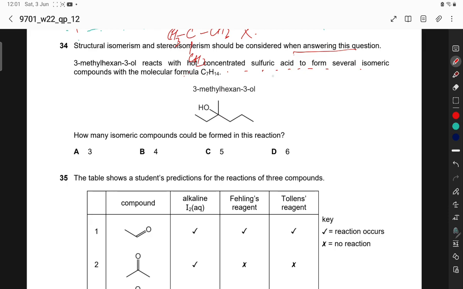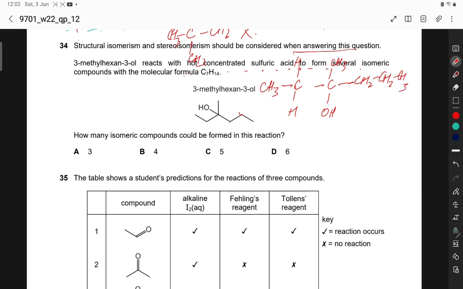So this is the compound CH3, CH2, OH, CH2, CH2 and CH3.